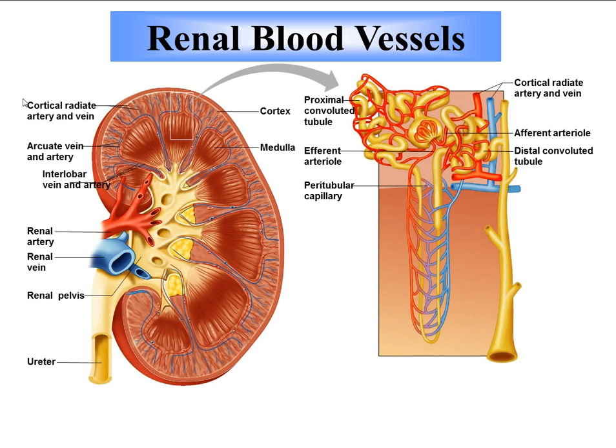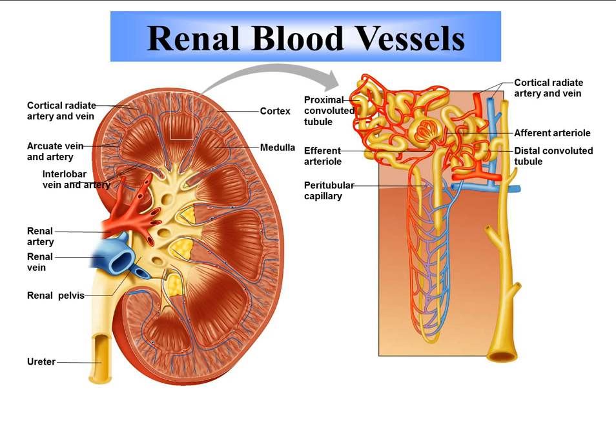The renal artery comes off of the abdominal aorta, so the abdominal aorta gives rise to the renal artery. It supplies the kidneys with an extremely large amount of blood. At any one time while you're resting, 10 to 30% of the total cardiac output will be sent to the kidney. So it has a very major blood supply.